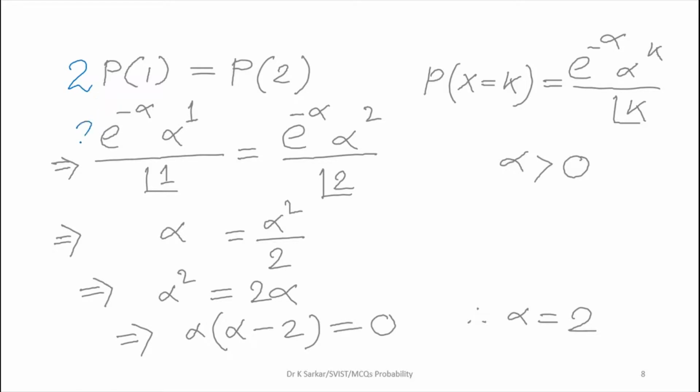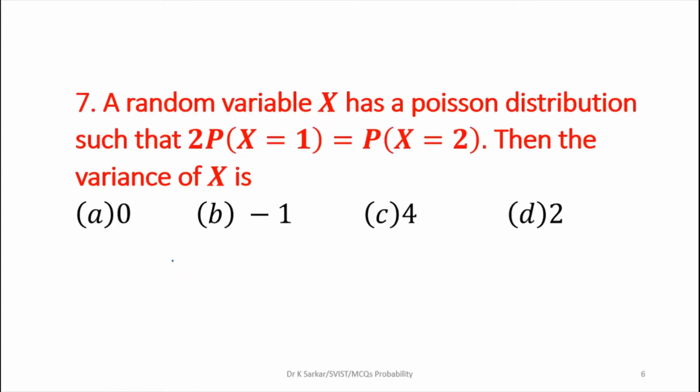So let us put 2, 2, and now we will get alpha square equals 4 alpha. So we will get alpha as 4. As we know that mean and variance are the same for Poisson distribution, so variance is 4 here. Therefore option C is the correct answer.